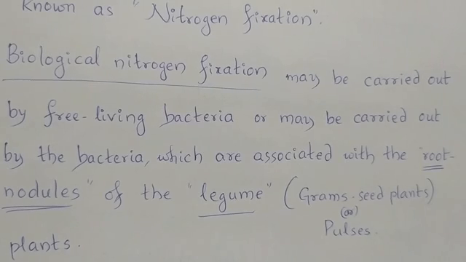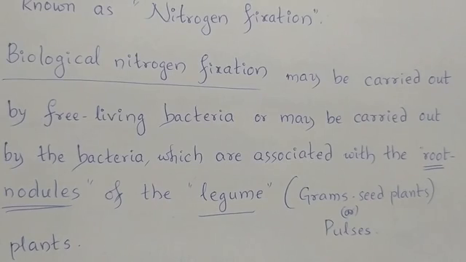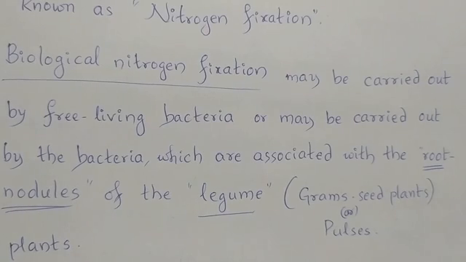Only plants that belong to the family Leguminaceae have root nodules. Inside these root nodules, a special type of bacteria called Rhizobium resides, and they fix the molecular nitrogen into nitrates and nitrites.